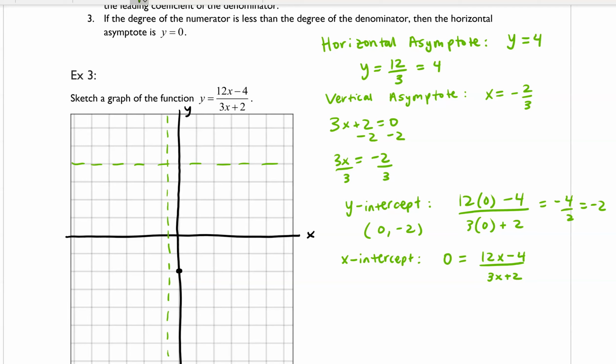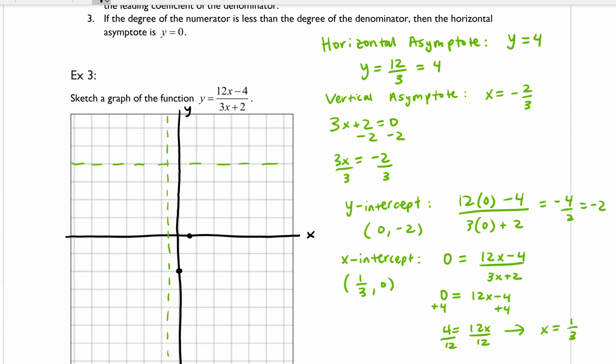So if I multiplied both sides by 3x plus 2, then I would get 0 equals 12x minus 4. And now I can just solve this linear equation. So if I divide both sides by 12, I would simplify that, and we get x equals 1/3. So our x-intercept is going to be (1/3, 0). So let me plot that now, which is about right here.